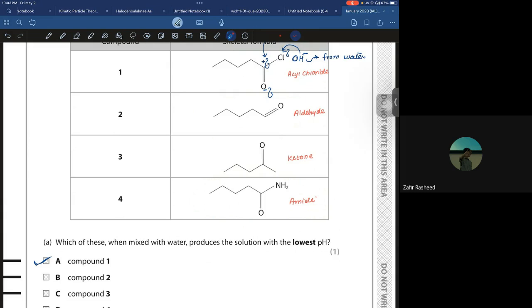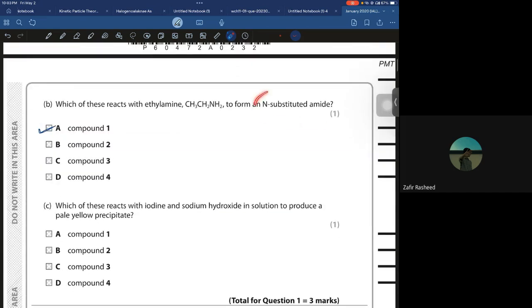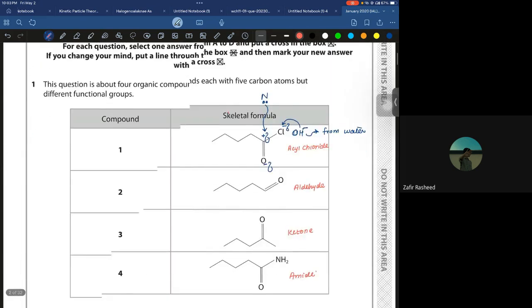Aldehydes also have a partial positive center, but it's not going to produce N-substituted amide. Let me tell you what is N-substituted amide. Let's suppose the amine CH3CH2NH2, with its one lone pair, reacts with this one.